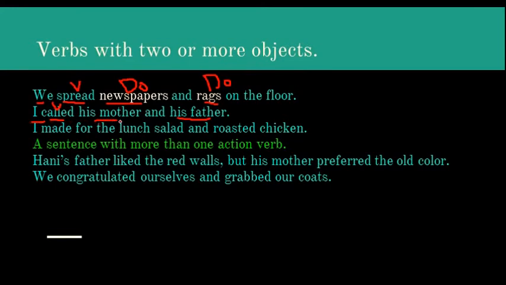Next example, I made for the lunch salad and roasted chicken. I is subject, made is action verb, and salad and roasted chicken are two direct objects. Therefore, a direct object may be compound of two or more objects.